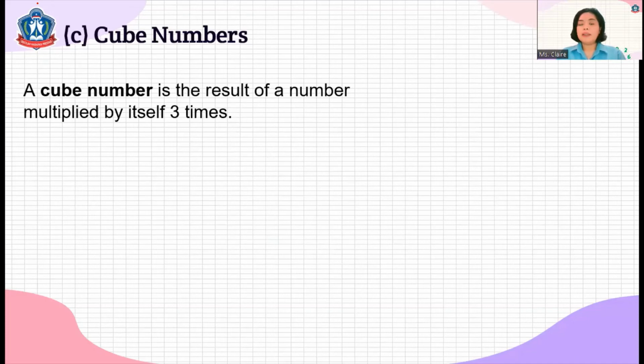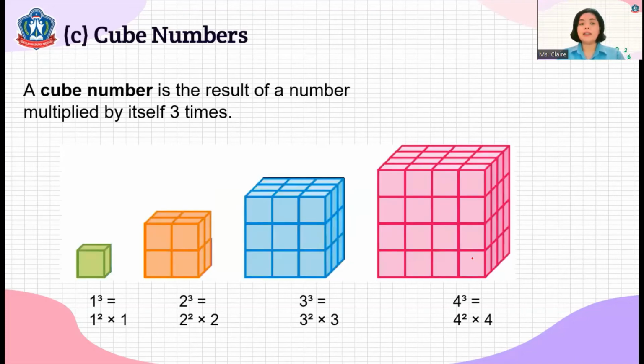Cube numbers, P6, is the result if we multiply a number by itself 3 times. So, if we have 1 cube, it means 1 squared times 1. You can square it first, then times one more time by itself. 2 cube is 2 times 2 times 2. 3 cube is 3 times 3 times 3. 4 cube is 4 times 4 times 4.